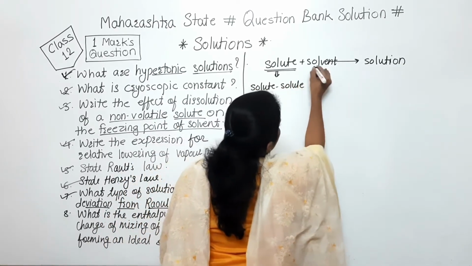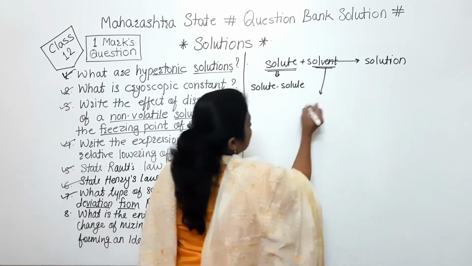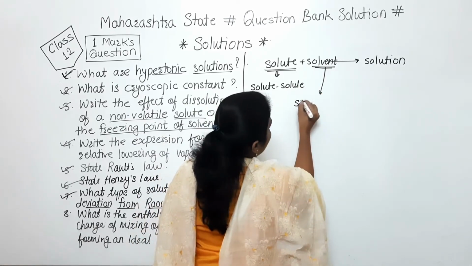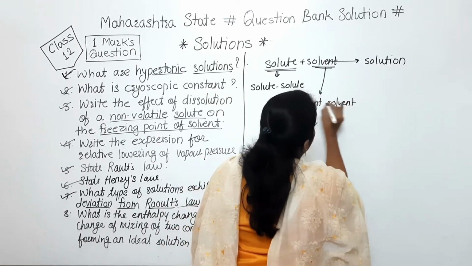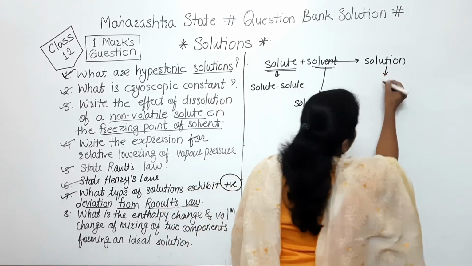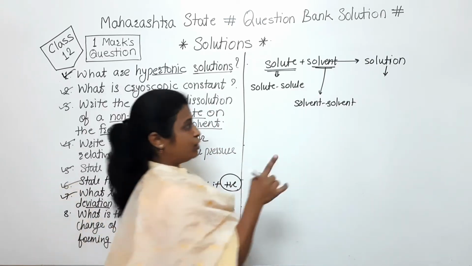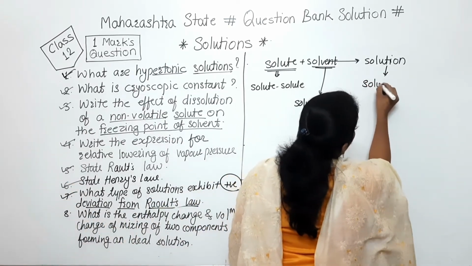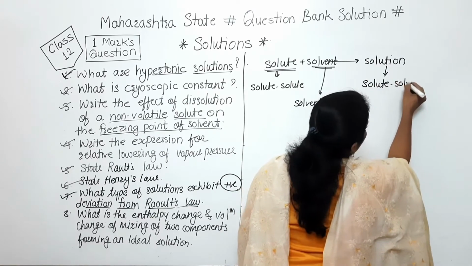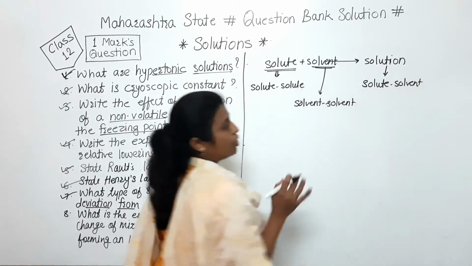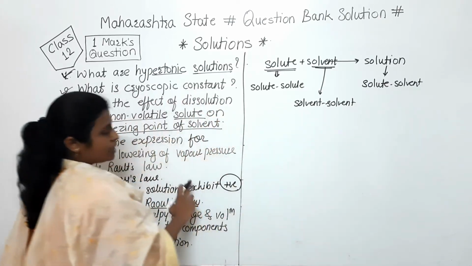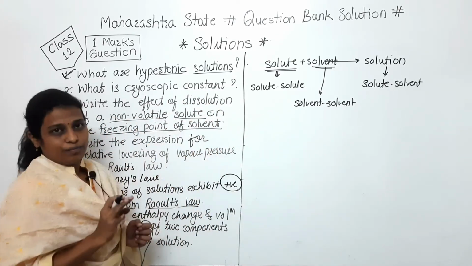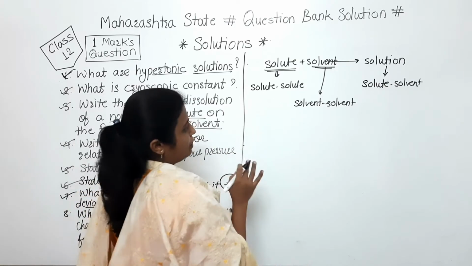If we consider the solvent, there is an intermolecular attraction between the solvent molecules, and in the solution there is an intermolecular attraction between the solute and solvent, because here solute and solvent are coming in contact with each other. Why are we taking this? Because all these points will come in that statement, so we are writing this example.